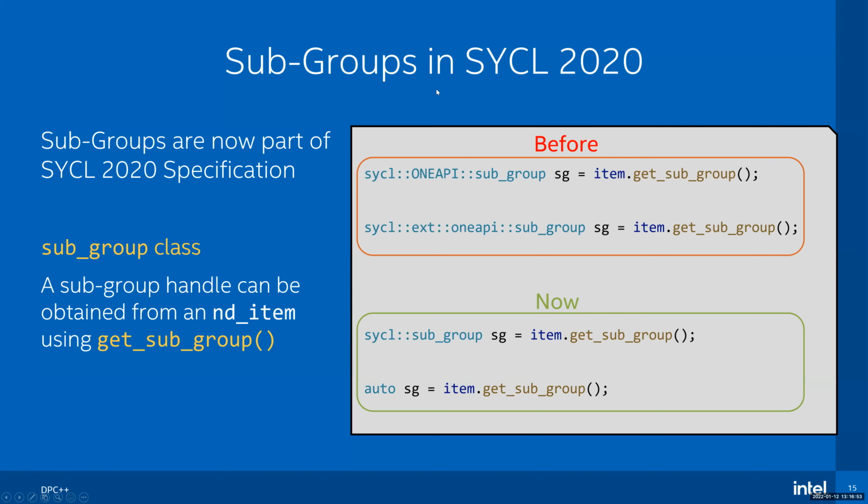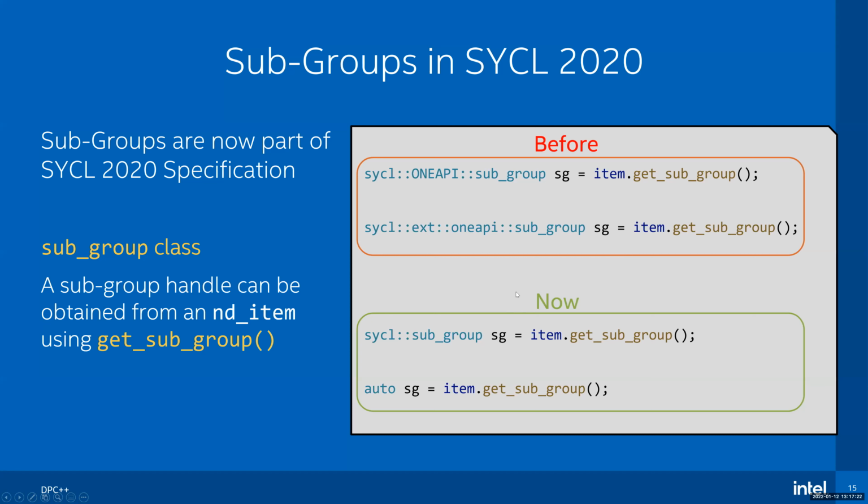Going into subgroups in SYCL 2020, you might have noticed, if you were using subgroups before in the Data Parallel C++ compiler, this is how you would get a subgroup handle. For example, we used to get the subgroup handle in the SYCL oneAPI namespace, or it used to be SYCL ext oneAPI.